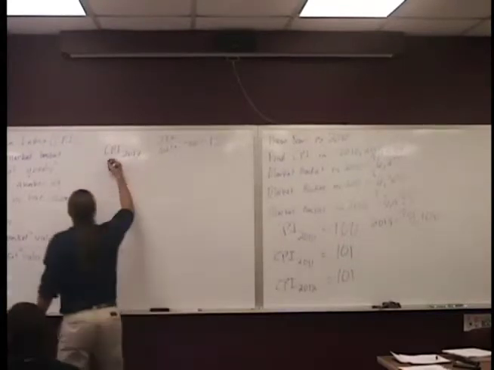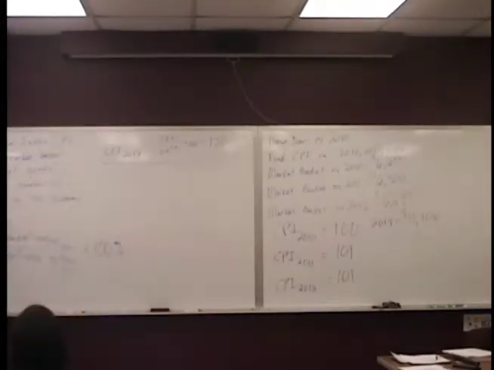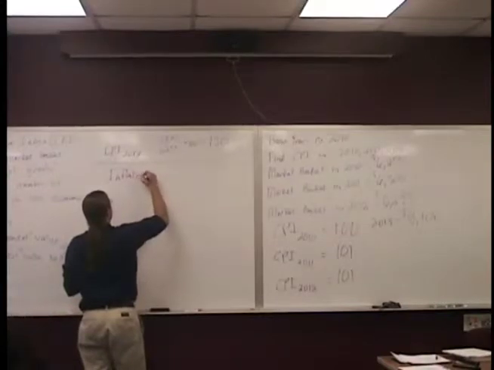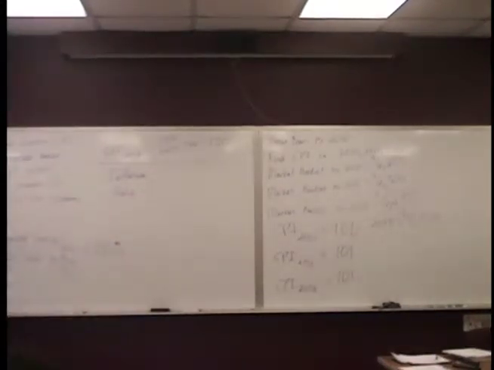All right, now, that's all well and good calculating this CPI, but what do we really care about? I mean, what is everybody screaming about? They're really caring about the inflation rate, right? Well, the inflation rate is just the percentage change in CPI from year to year.